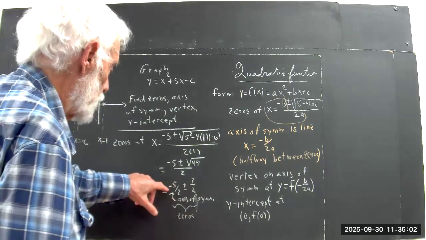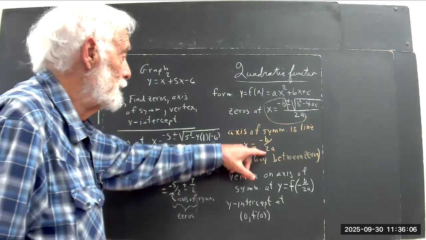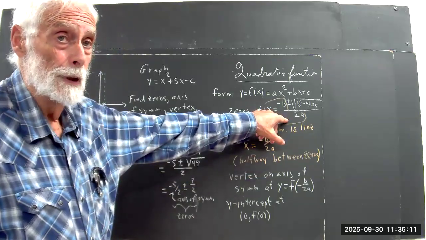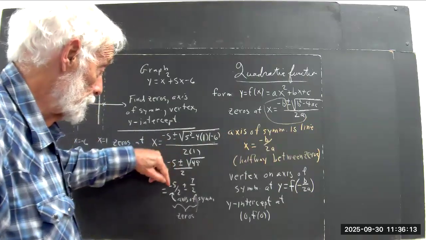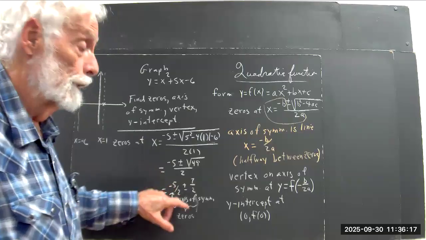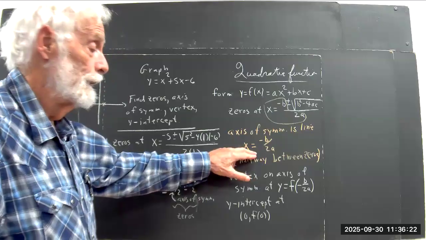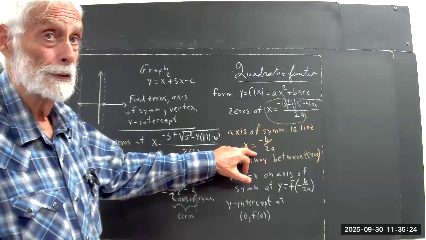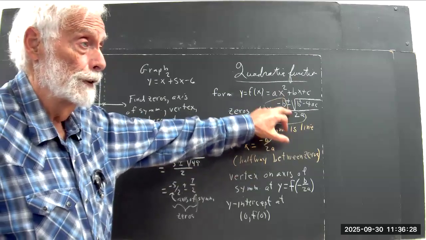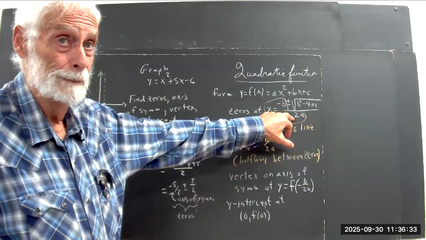And from this, you also get your axis of symmetry, which is at x equals negative b over 2a. But if you've plugged your numbers into the quadratic formula and simplified it like this, you already know what negative b over 2a is, because that's where the negative 5 halves came from. So you don't have to have a separate formula for the axis of symmetry. If you can look at this and see that this is the axis of symmetry and know why, you have a deeper understanding.